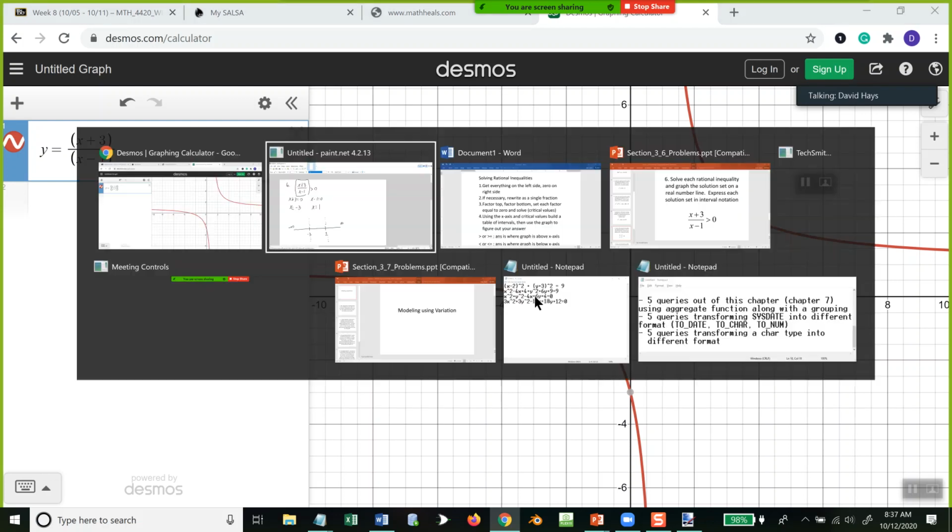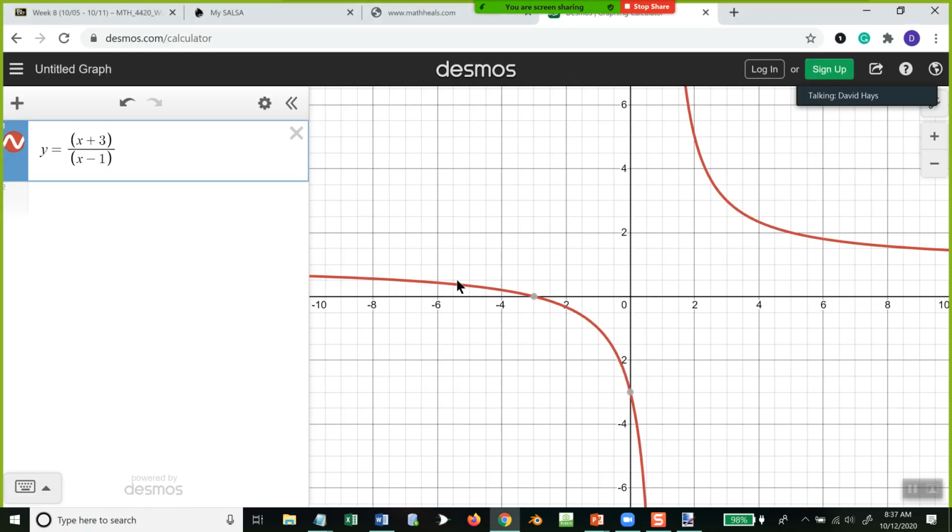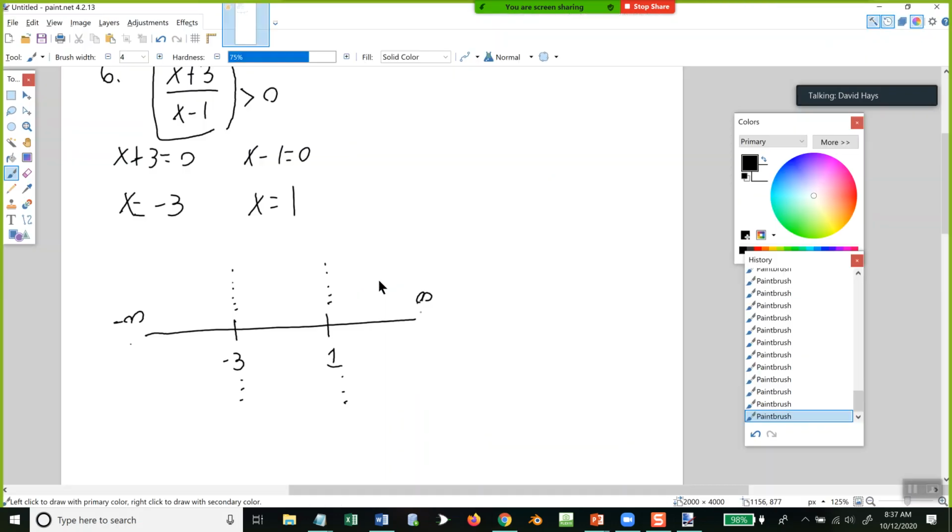Our first critical value was -3. If I look to the left of -3, here's -3, to the left of it, it's above the x-axis. So I'm going to put a little tick mark here to indicate above the x-axis. You don't have to actually write the graph down because all we care about is above and below.